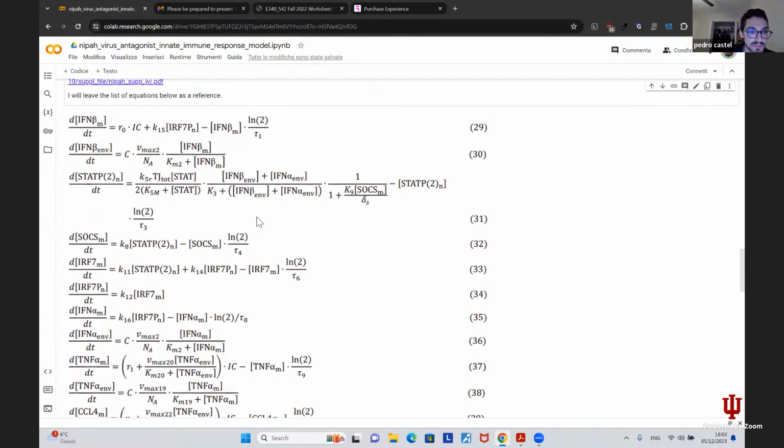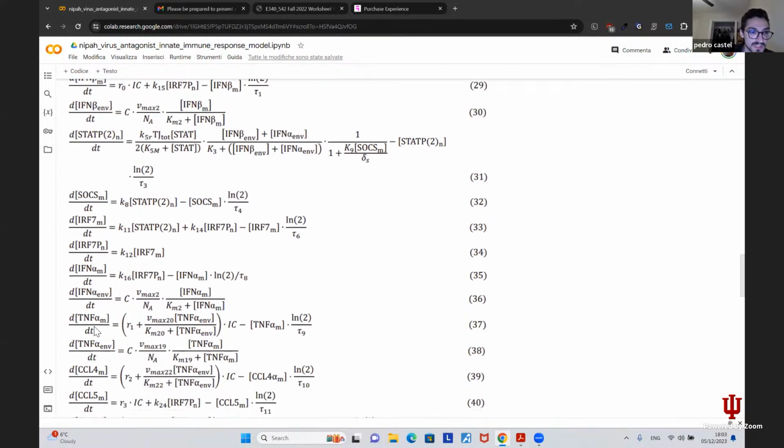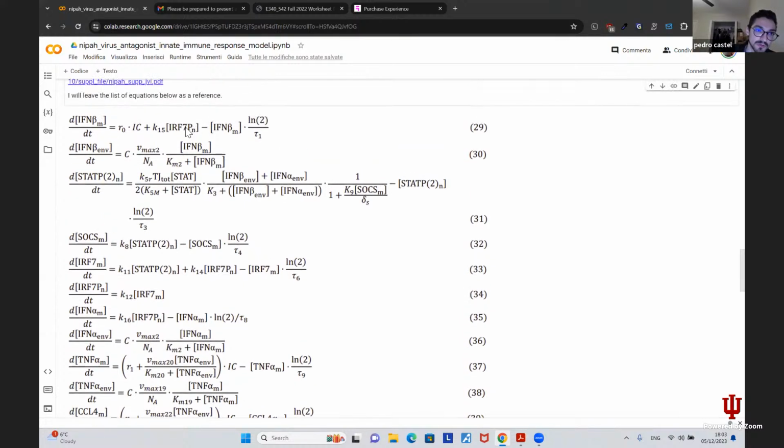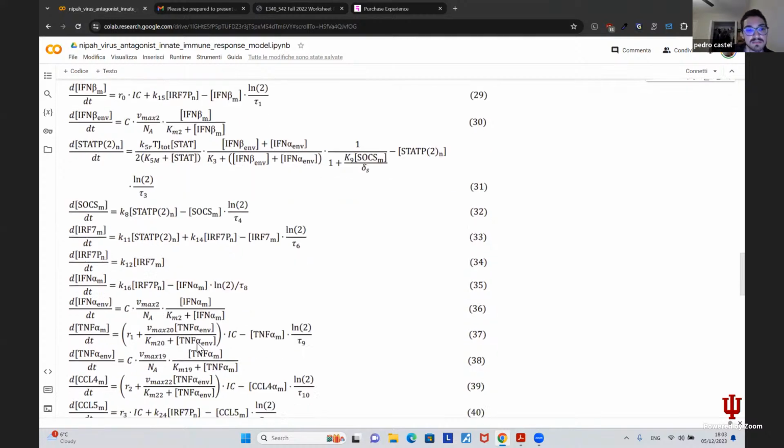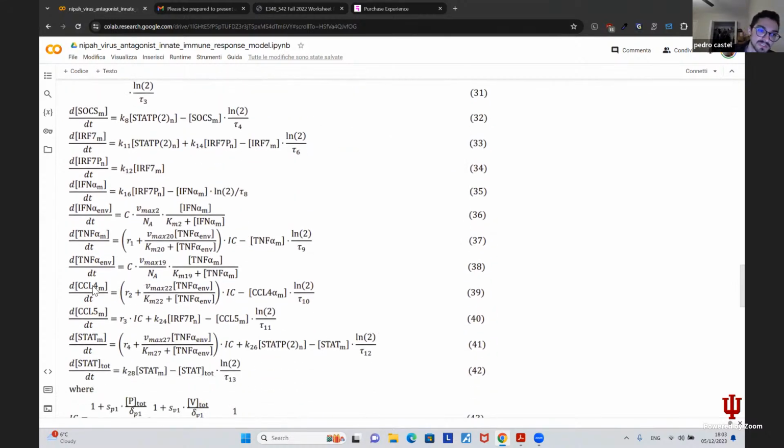You can see this also happens for the mRNA of IRF7, mRNA of IFN alpha, TNF, and mRNA of TNF alpha, with the difference that instead of having a linear promotion like IFN beta, here you have Michaelis-Menten. This is also true for the CCL4 mRNA, which encodes the CCL4 cytokine, and for STAT-M2.